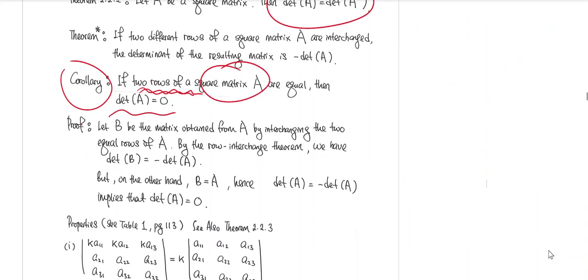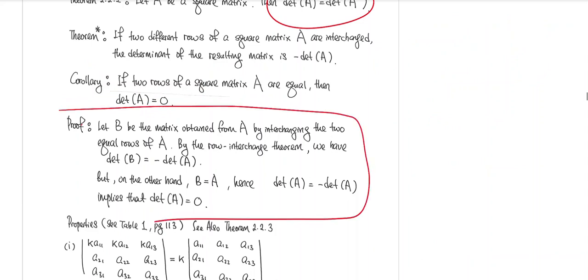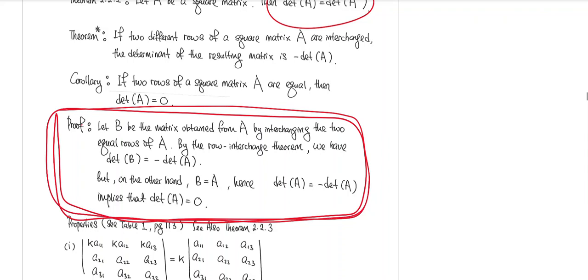So the formal proof, the actual proof, is given right here. So you can read this. What I'm going to show you is an example to make this proof easier to understand. As you can see, I am not proving it. I'm just giving an example to explain. So I am going to take A, which is again a 3 by 3 matrix.